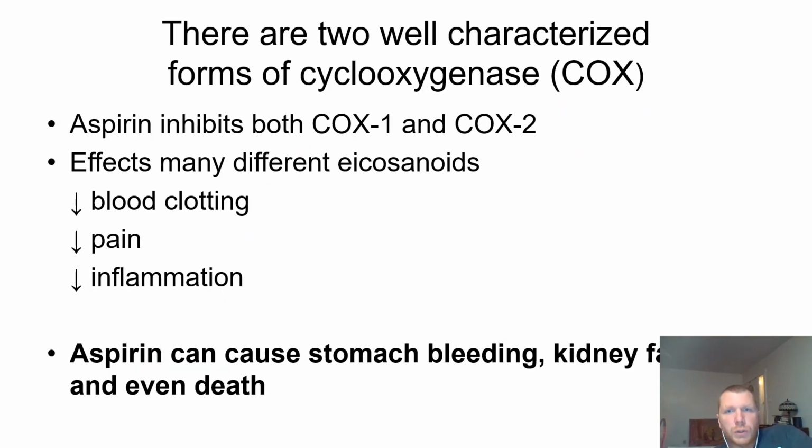Now, there are two very well characterized cyclooxygenases. There's COX-1 and COX-2 enzymes. There was, I cannot remember exactly what the name was, but there was a drug on the market for a time that was identified as a putative inhibitor of an enzyme, COX-3, and so it was believed that there was this third cyclooxygenase enzyme that was unique and different from COX-1 and COX-2, but effectively did a similar thing.